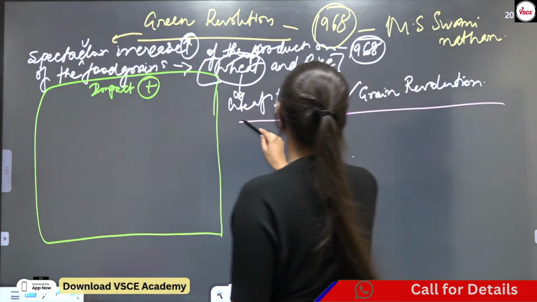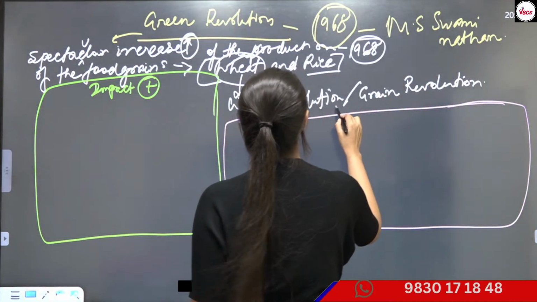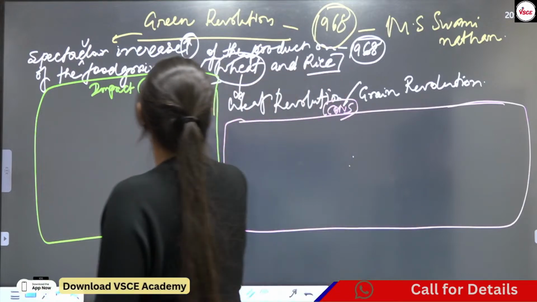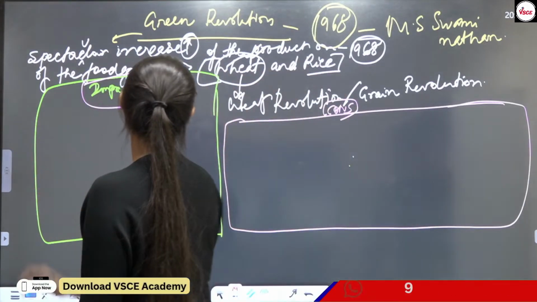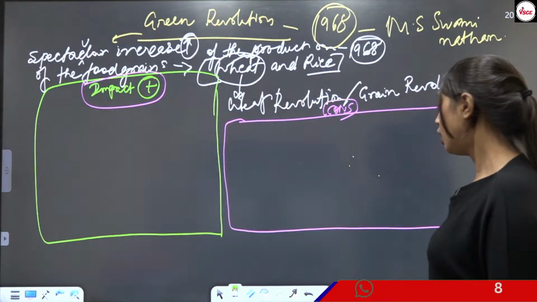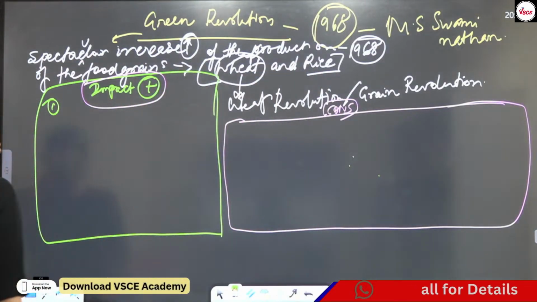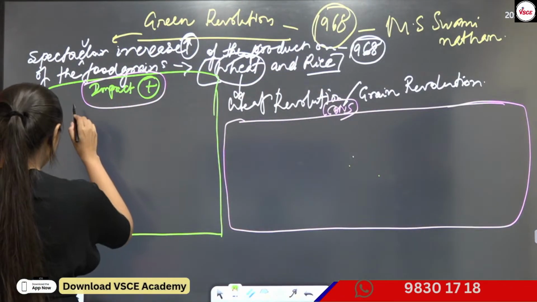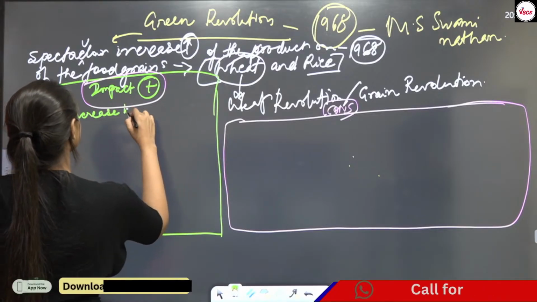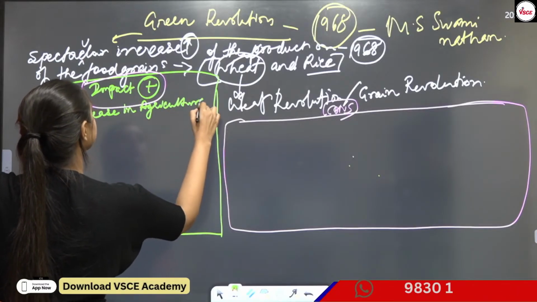We are going to see the cons in here. Great. Okay, now let's see the impact. So first impact. The first impact is the increase in agricultural production, leaps and bounds. Agricultural production.